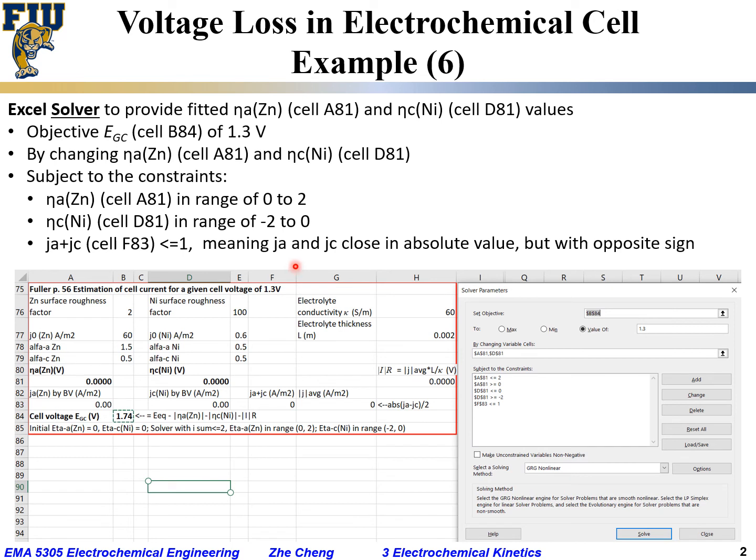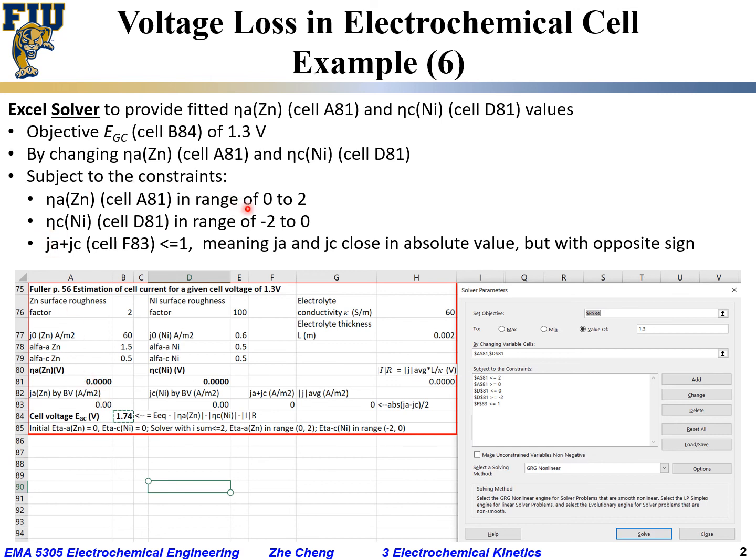So with these conditions, using Excel solver, we have an objective or target to make our EGC, instead of 1.74, to be 1.3 by changing overpotential on the zinc anode, overpotential on the nickel cathode, and subject to 3 additional conditions.